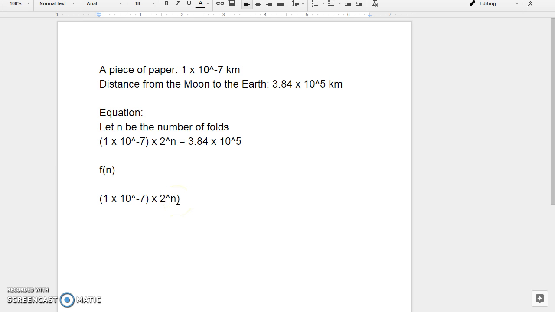If I replace n equal 1, which is one fold, 2 to the power 1 is 2, and this multiplied by 2 is equal to something, but you know that it definitely will be twice as high as this because it's multiplied by 2.